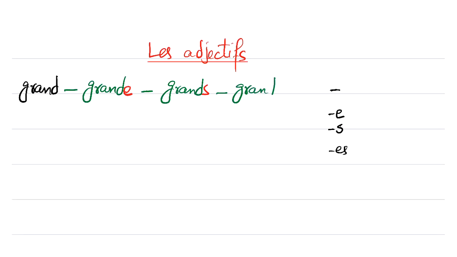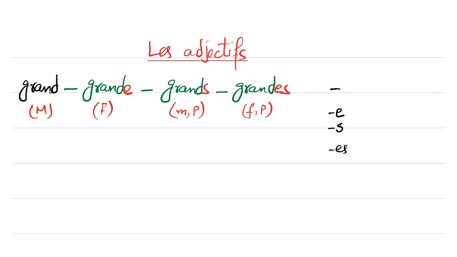So each adjective will have four forms: the masculine form, that is the main form, then the feminine form of the adjective, then masculine plural, and then feminine plural.